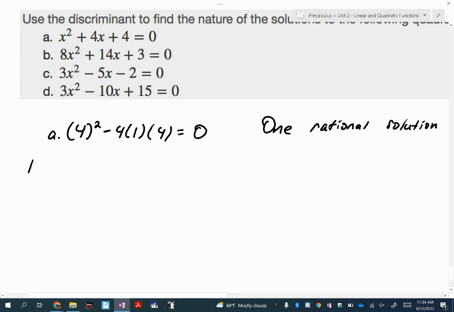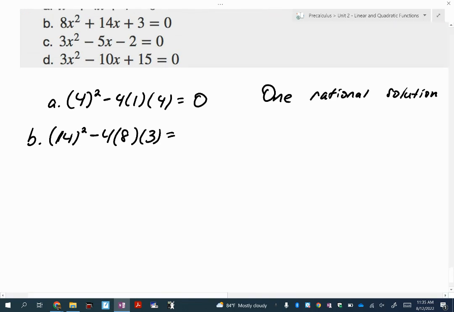Okay, letter B is 14 squared minus 4 times A times C. So that's going to be 14 squared, which is 196. 4 times 8 times 3, that's going to be 96. And 196 minus 96 is 100. Because that is a positive and it's a perfect square, I'm going to have two rational solutions.